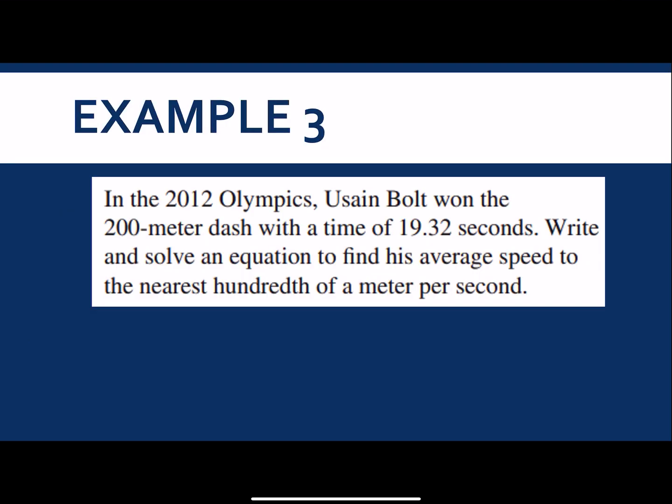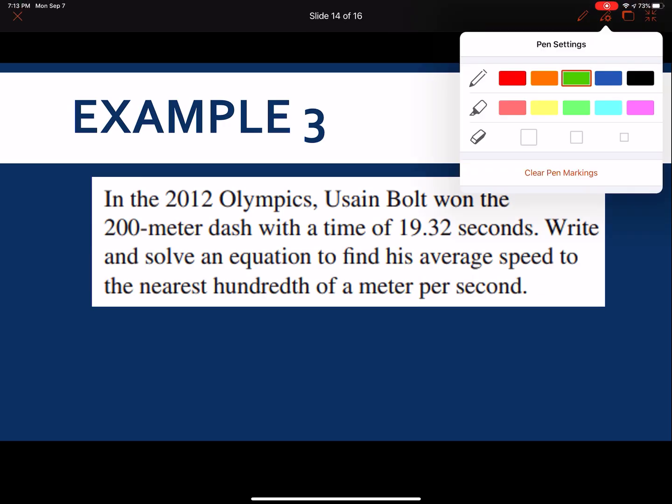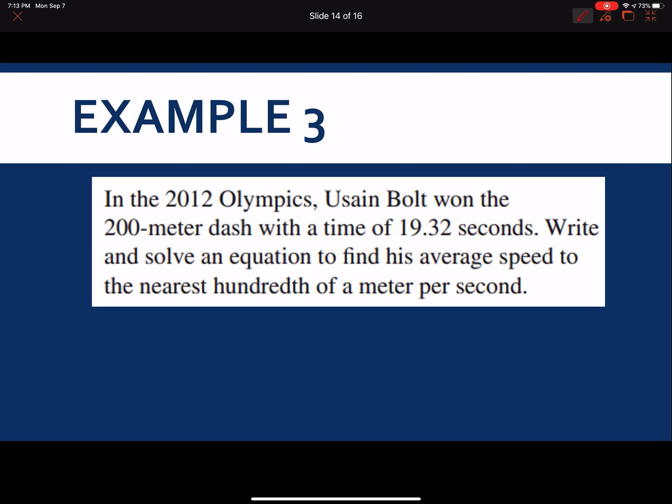Example 3. In the 2012 Olympics, Usain Bolt won the 200-meter dash with a time of 19 and 32 hundredths seconds. Write and solve an equation to find his average speed to the nearest hundredth of a meter per second. Now we can go back to those strategies on the previous page.